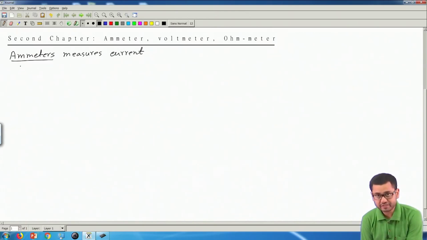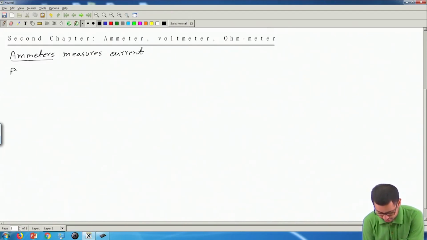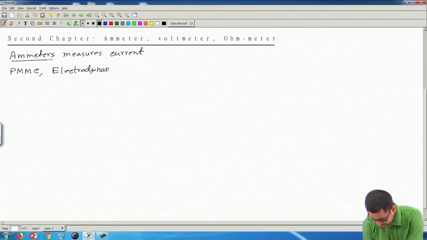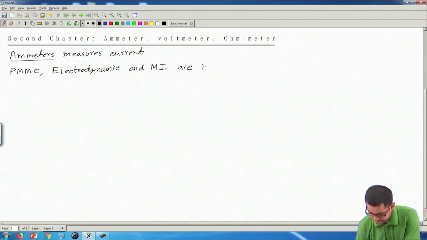And so far we have studied instruments like PMMC, electrodynamic, and moving iron. These three types of instruments are inherently, or in principle, ammeters.